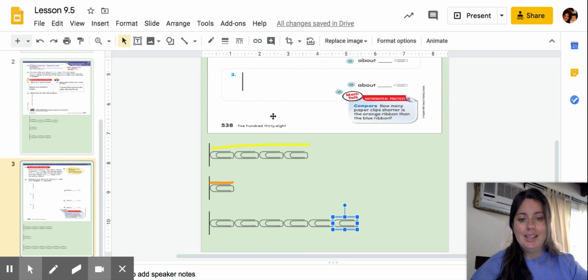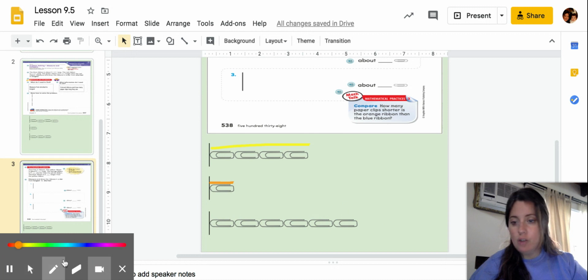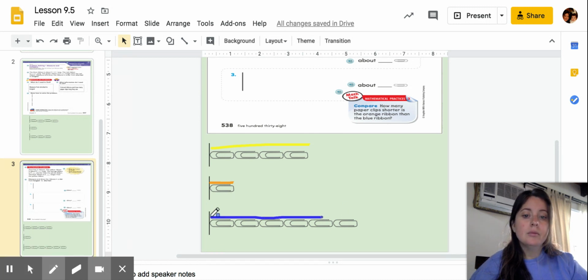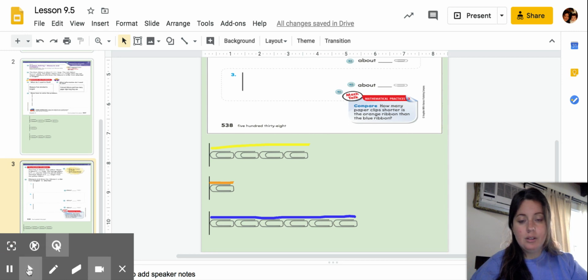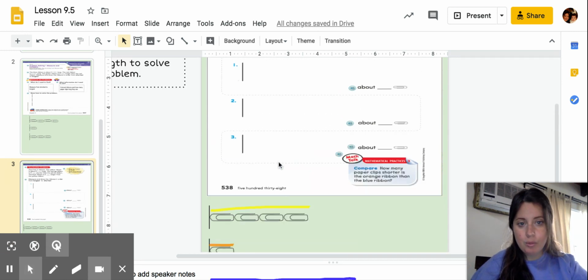Okay. It says as long as the yellow ribbon plus 2 more. So I am ready to draw my blue ribbon. Alrighty. I drew it all out, but is it in order from longest to shortest, like the problem's asking me?